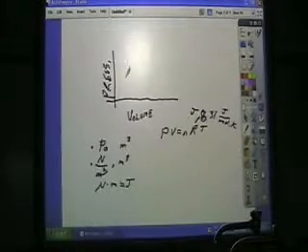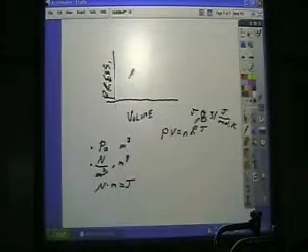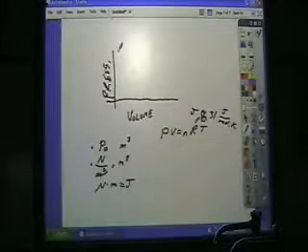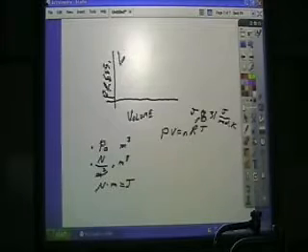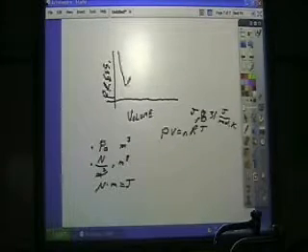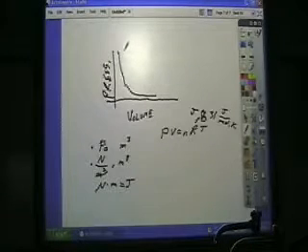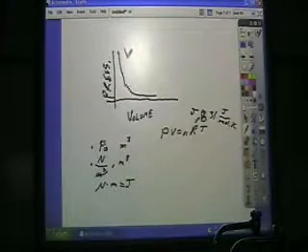Right now, in general, when we're talking about graphing, I'm going to draw up two different isotherms of the same gas. This would be a lower temperature isotherm. This would be a higher temperature isotherm.